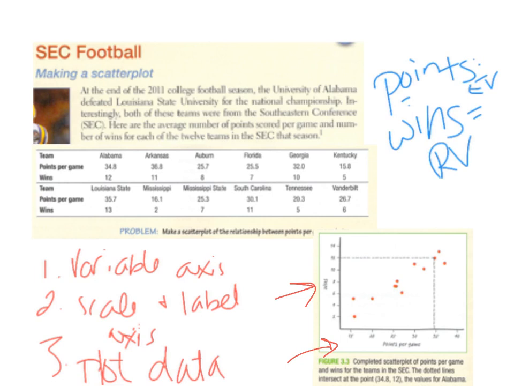Points per game, our scale is consistent, going by 5s, but it did not start at 0. And then we plot all of our individual data points. Like you can see, for instance, here, these lines here indicate where the data point for Alabama is. Alabama was about 34.8 points per game, and they had 12 wins.